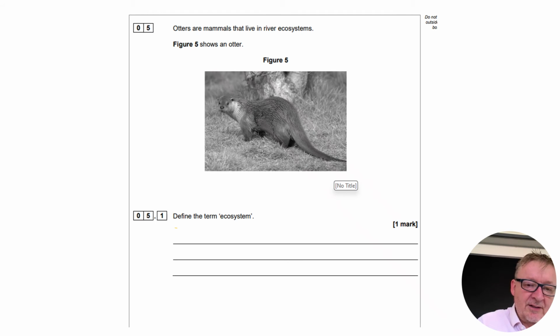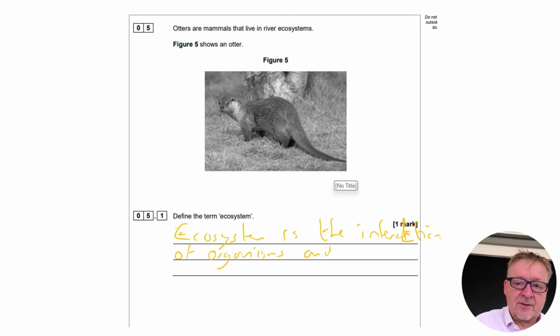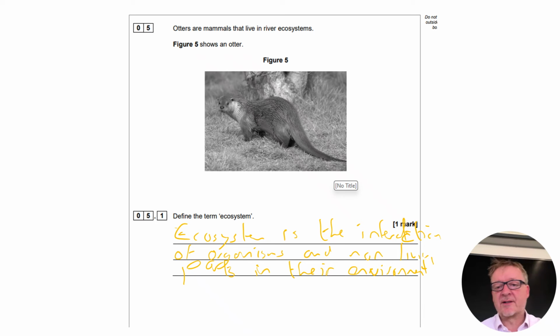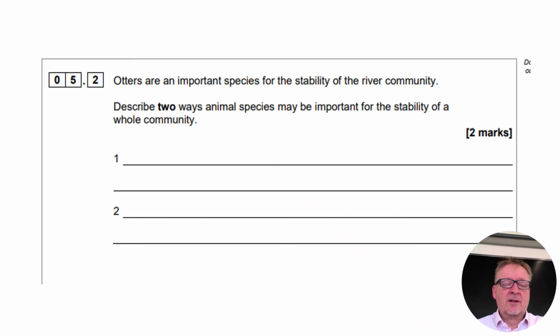So an ecosystem is the interaction of organisms and non-living parts in their environment. God, it's terrible, that one. 5.2.